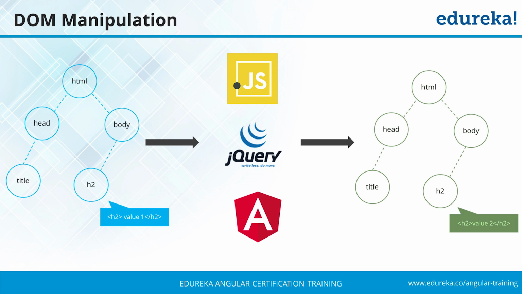There are a few DOM manipulation APIs available in JavaScript, which have been used and exploited by jQuery as well as Angular. At this particular point of time, we are going to focus on JavaScript and jQuery for DOM manipulation, and they do DOM manipulation pretty well. For very simple page applications, very simple applications or very simple pages, JavaScript is going to be the best that you can do, because in maybe one line or two lines you can do the basic change that you need and you can get away with what is going to be your requirement.